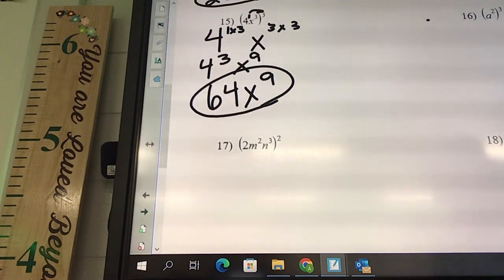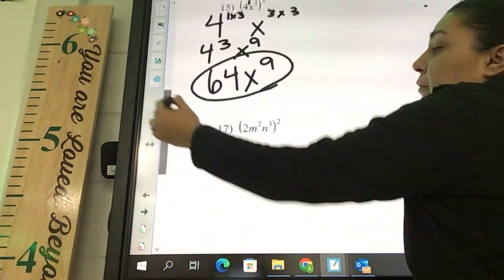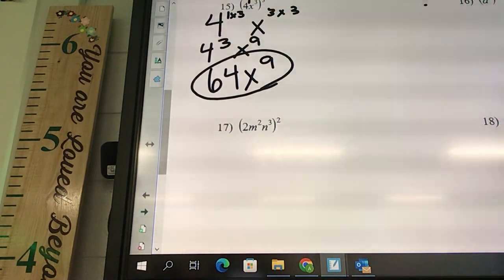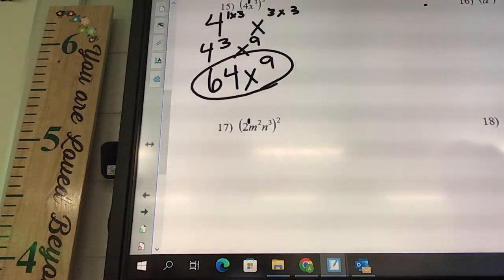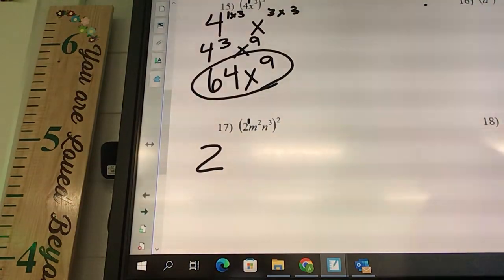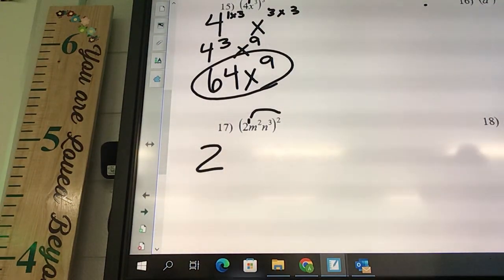You can skip some steps on these too. If you don't want to write all of this out, you don't have to. So, we can fill in the 1 where? In front of the 2. Now this one I'm going to skip. We're going to have 2 for our big exponent. What is 2 times 1? 2.